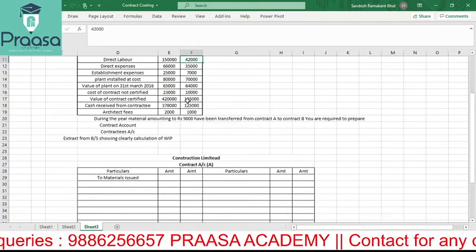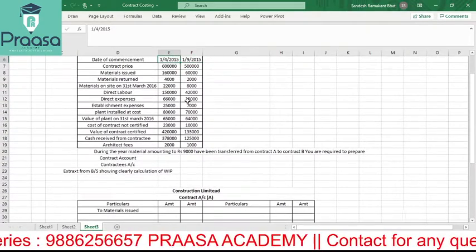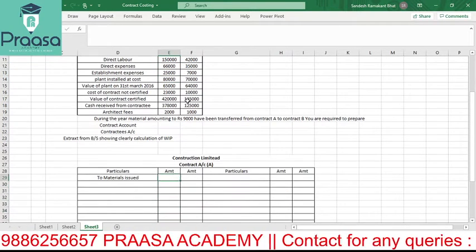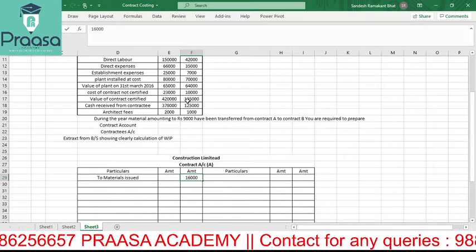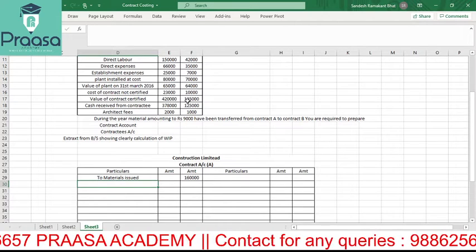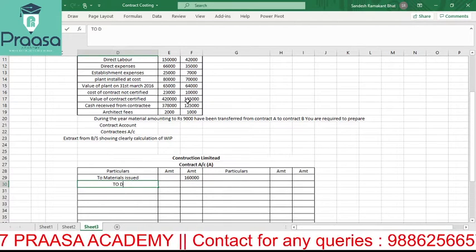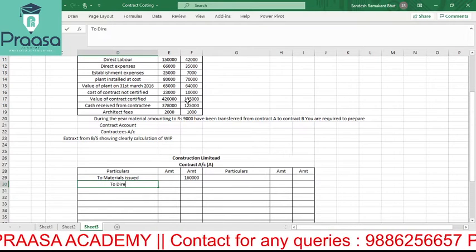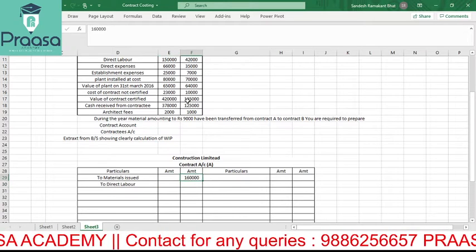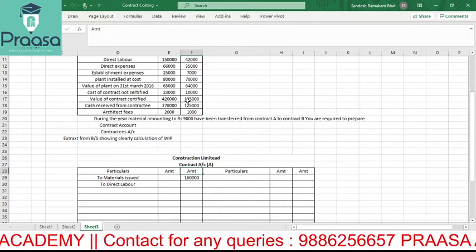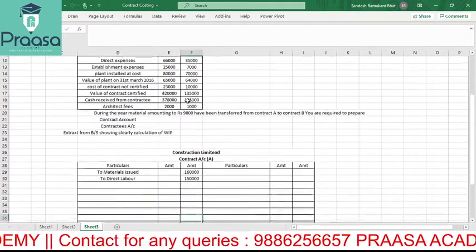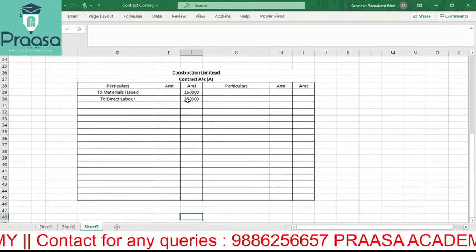We'll just check. For A, material issued is 1,60,000. Two, to direct labor. How much is direct labor? 1,50,000.